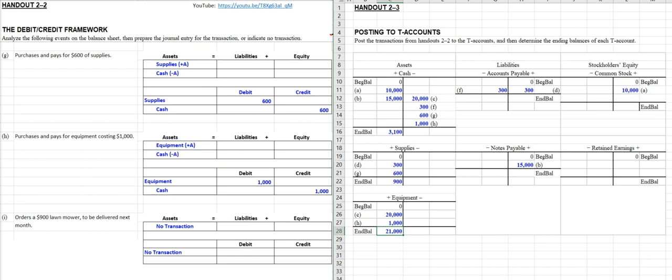Our accounts payable balance at the end of the period is 0, debits equal credits. We have a $15,000 credit balance to notes payable, a $10,000 credit balance to stockholders' equity, and we have nothing happening yet in retained earnings. We'll see transactions that impact retained earnings in Chapter 3.